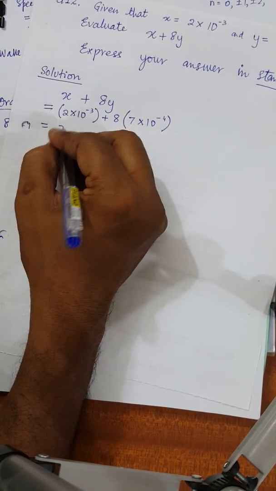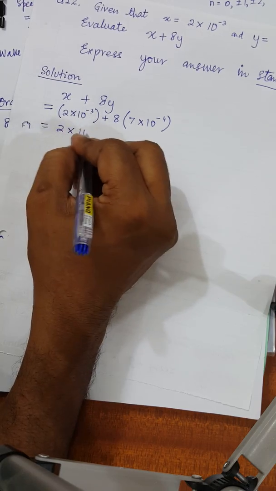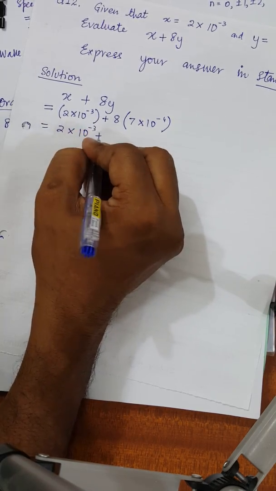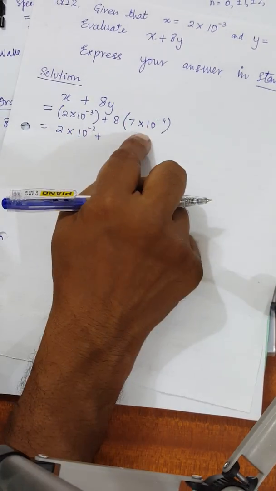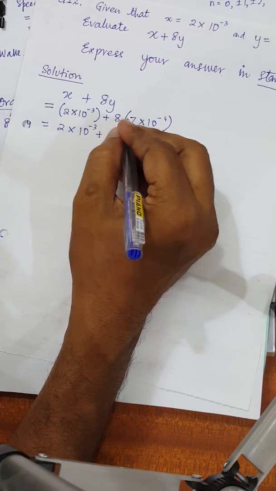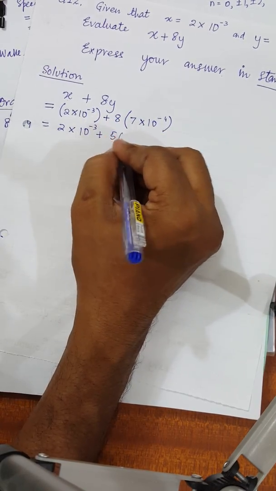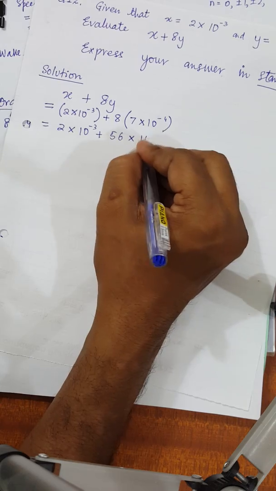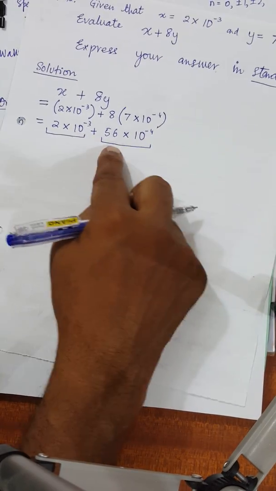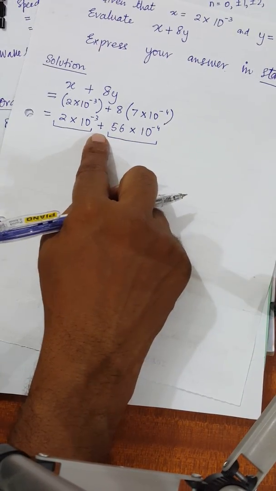So this bracket will be open as it is, 2 into 10 raised to the power minus 3. But for this bracket, we need to multiply this value by 8. So 8 sevens are 56. 56 into 10 raised to the power minus 4. Now we have these two numbers, and we are asked to add up these two numbers. There is a plus sign between them.